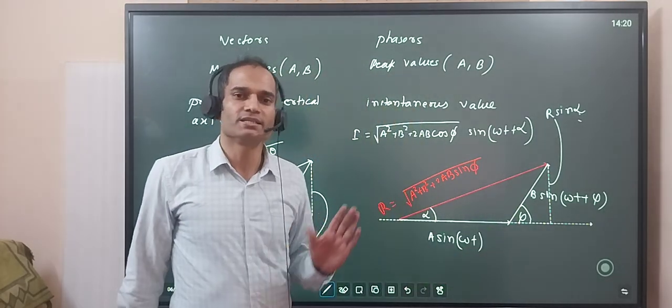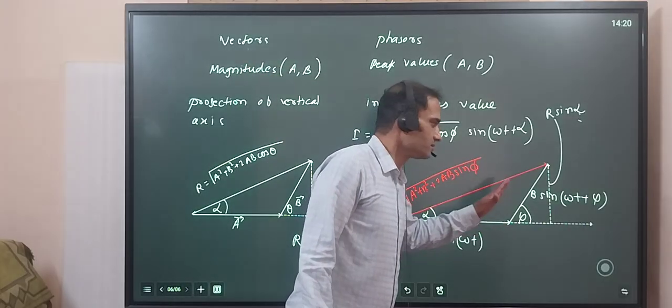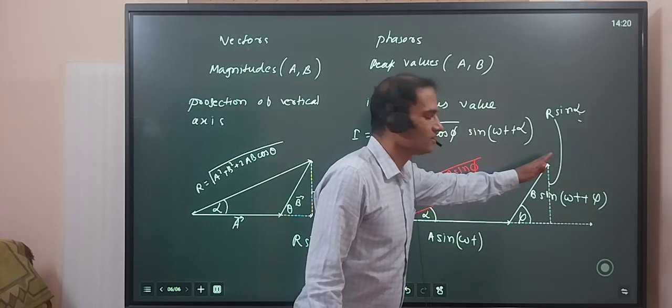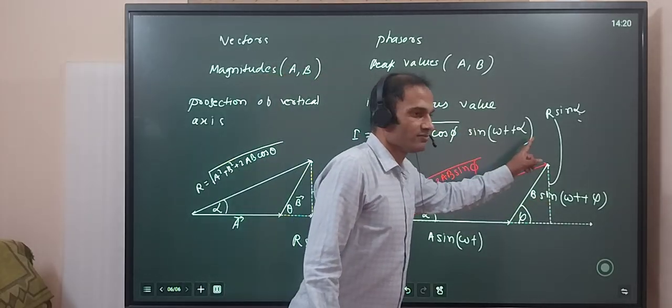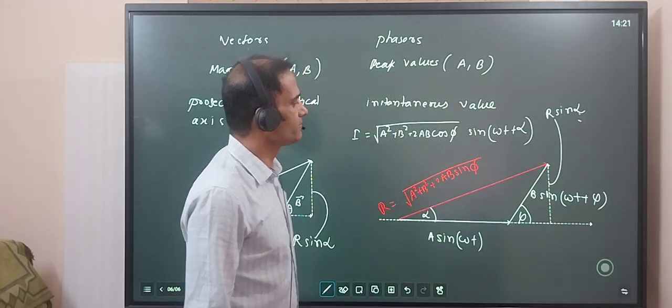I am taking omega t is equal to 0. Now this is 0 angle, this is phi angle, and this is making angle alpha. So this part is r sin alpha, which gives us the instantaneous value of the current.